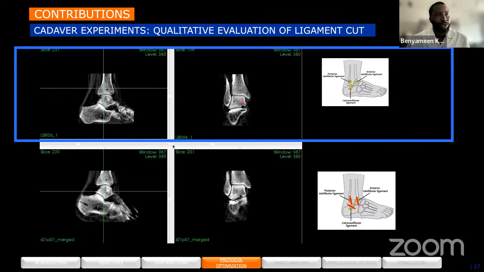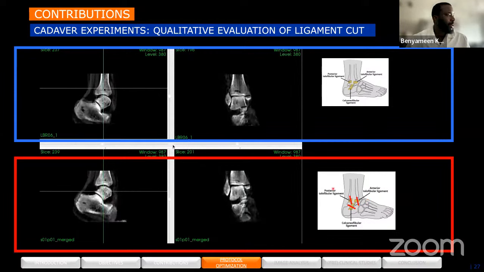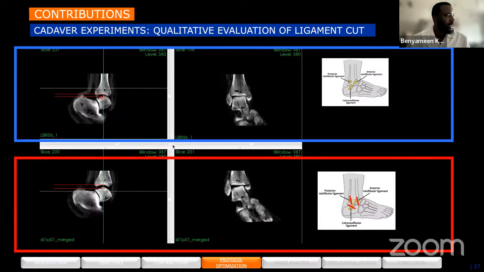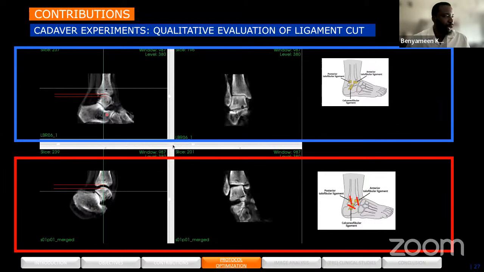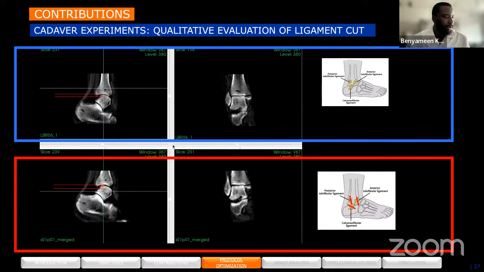So here are some qualitative results. On the top half, what you're looking at is the intact scenario, so when all the ligaments are fine. The lower part is when we cut all the 3 ligaments. Now, what you can observe during the motion, if you look at the gap here, is that in the intact scenario this gap is smaller than in the scenario where all the ligaments are cut.